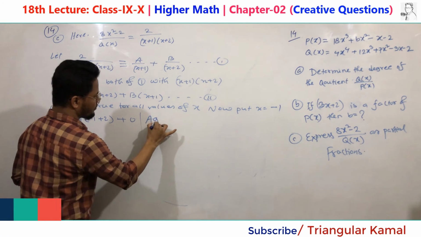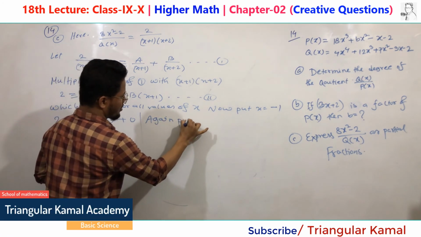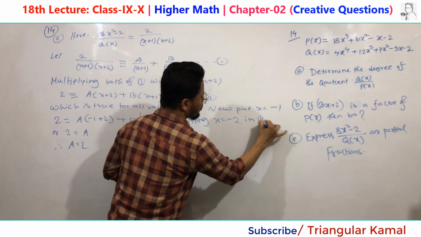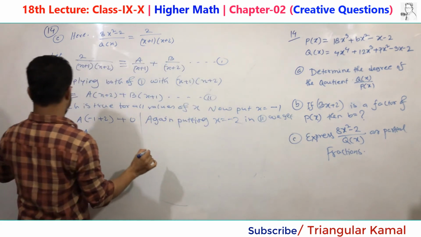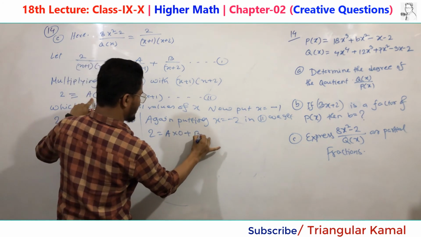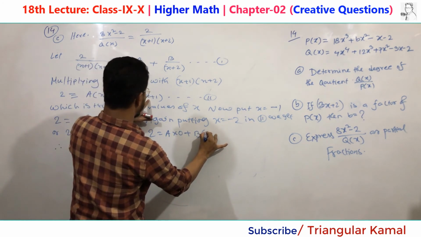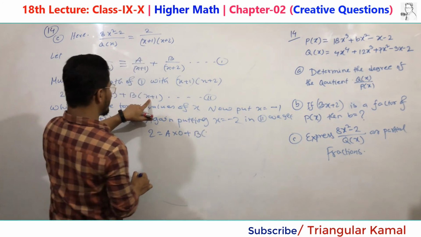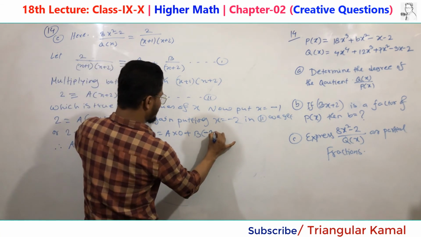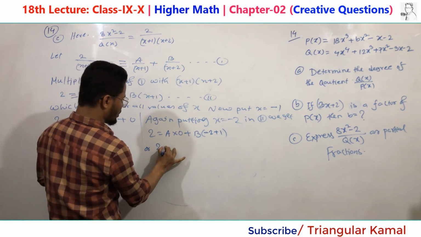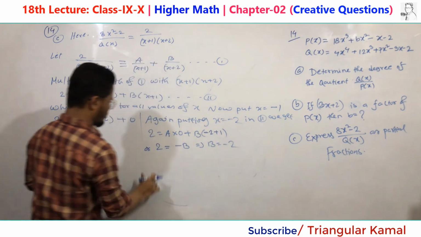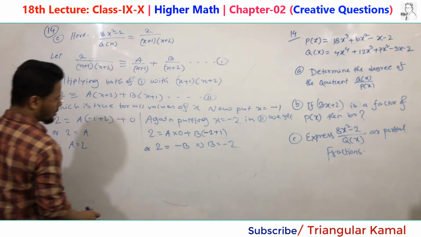Again putting x equal minus 2, we get 2 equals a times 0 plus b, minus 2 plus 1. So 2 equals minus b, or b equals minus 2. Now putting the values of a and b in 1.